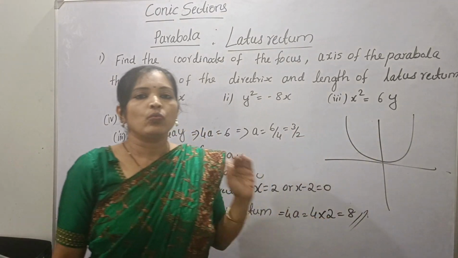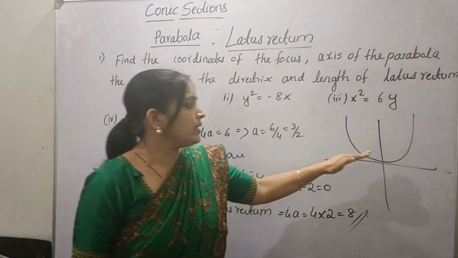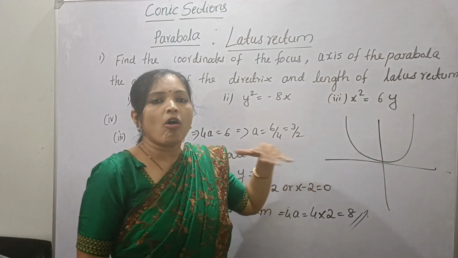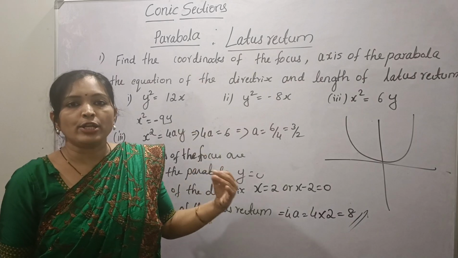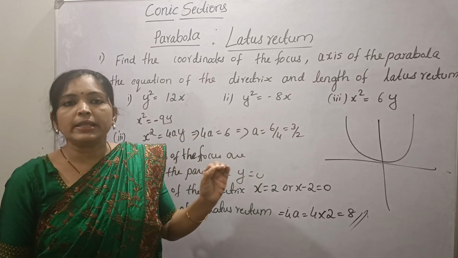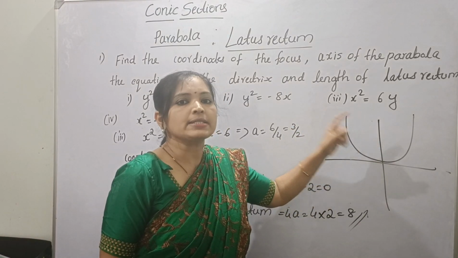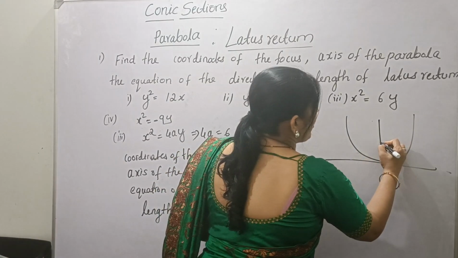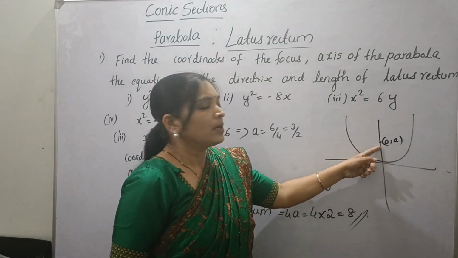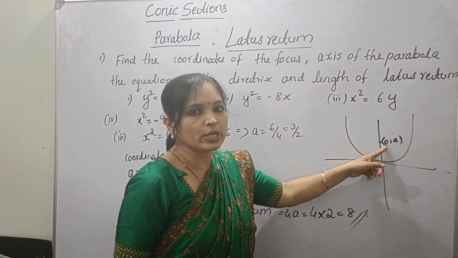And one more thing, the focus point is on the y-axis. Here all the x coordinate values of a point on the y-axis are 0, as we've already studied. So here we can write 0, a, because it is a point on the y-axis, so the x coordinate value is 0.